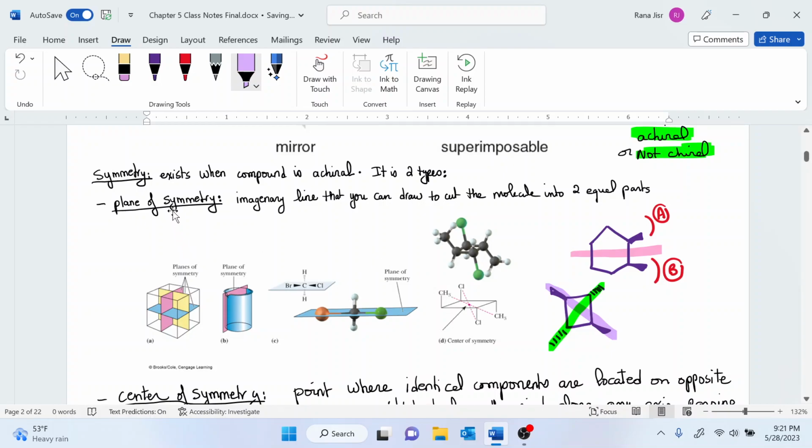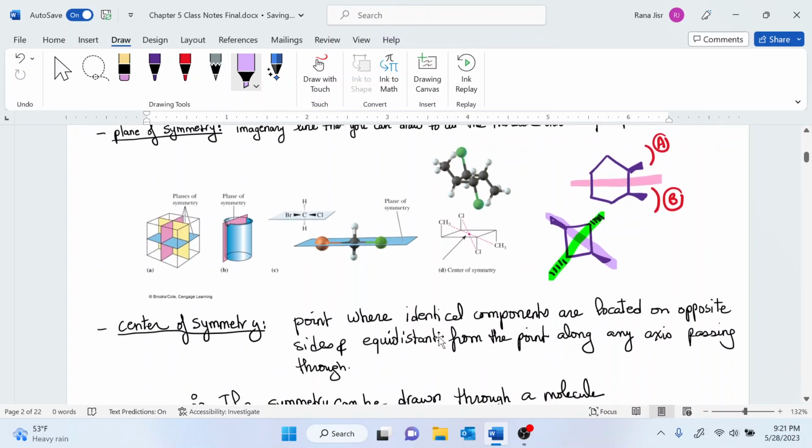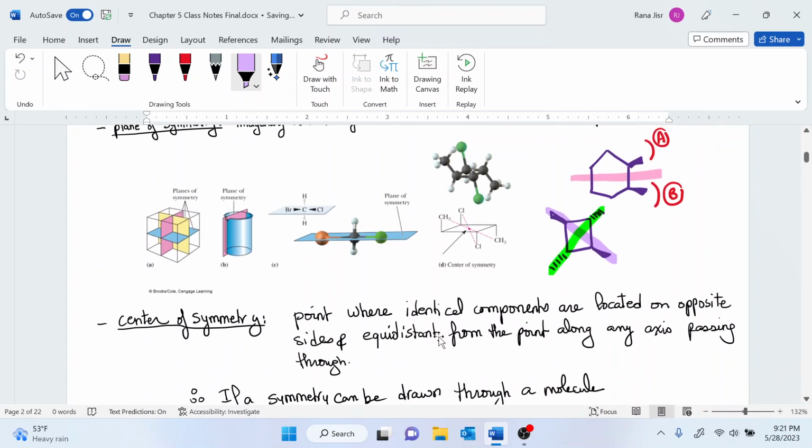Another type of symmetry is the center of symmetry. The center of symmetry is the point normally located in the center, where you have identical components. For this one also, I can have a center of symmetry for this example.